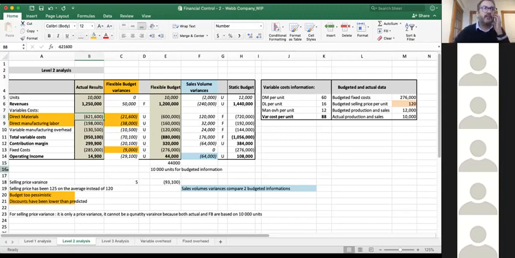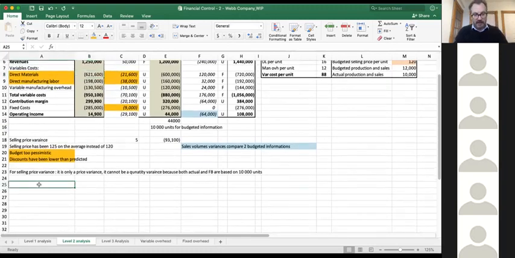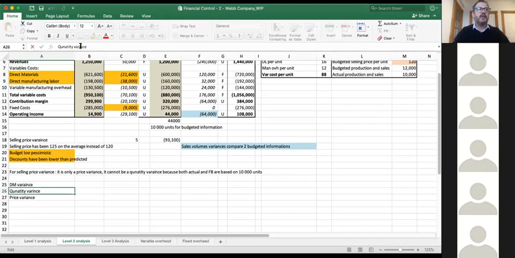So for direct material, it can be a quantity variance or a price variance. Sorry, I make some mistakes because I write too fast. I hope you forgive me. So quantity or price. For the quantity, that would be the number of kilograms per unit.